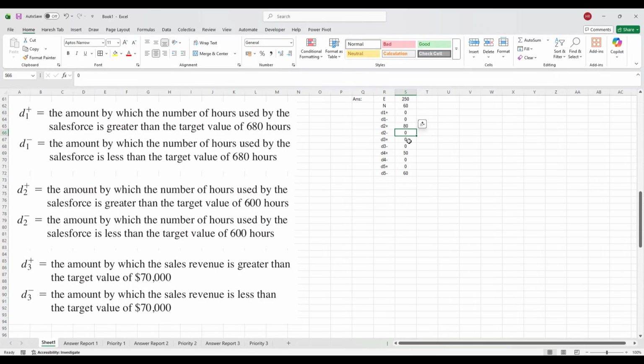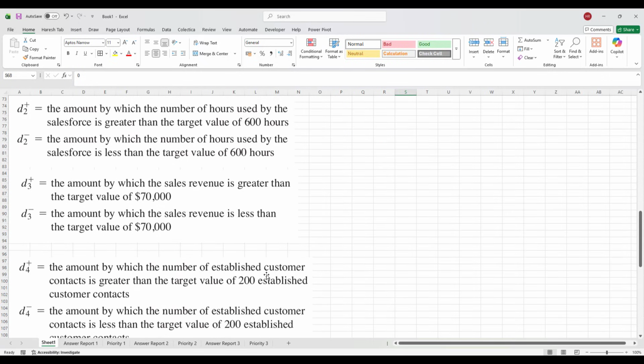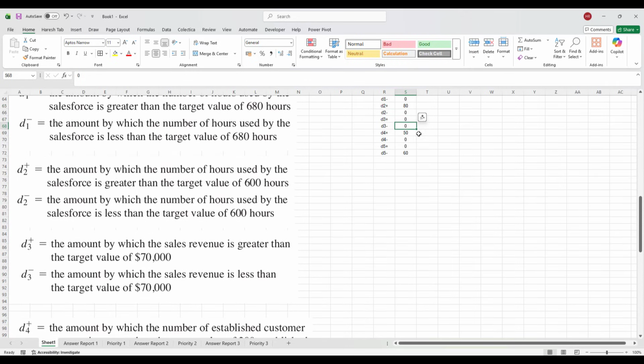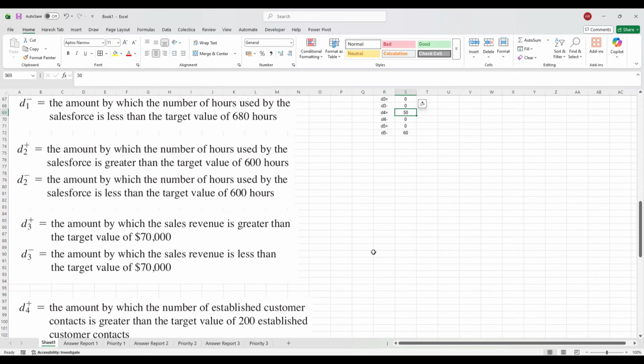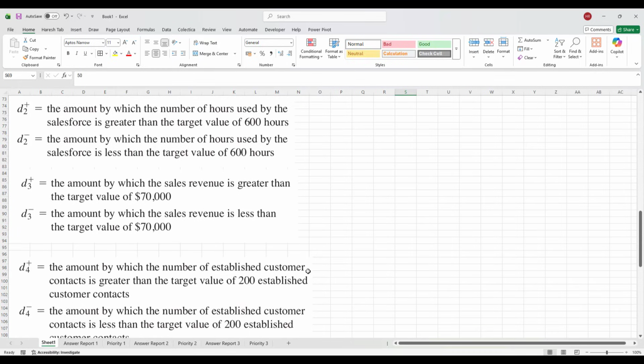Then D3 minus is the amount by which the sales revenue is greater than 70,000. So D3 plus, we are going to exactly achieve 70,000, because D3 plus is 0, D3 minus is 0. Then amount by which the number of established customers is greater than 200. So D4 is about established customers. So we are going to go 50 more. So instead of 200, we are going to achieve 250, 50 more.